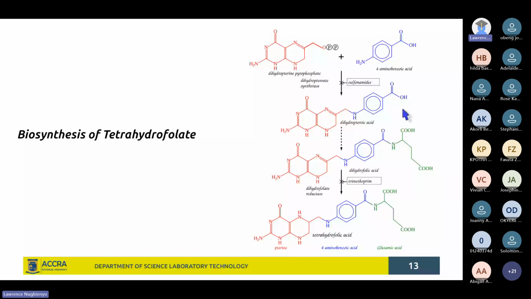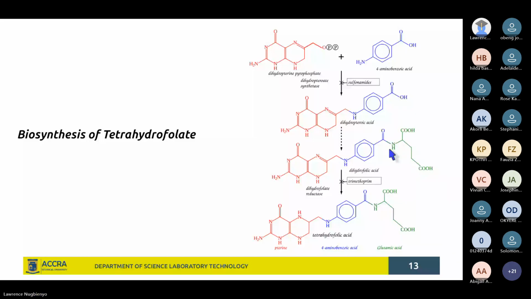I say peptide-like because the dihydropteroic acid is not an amino acid. If it was an amino acid binding to an amino acid, you can say it's a peptide bond. But because it is not an amino acid, but the bond is still between an amine group and a carboxyl acid group, we can say it's a peptide-like bond. It looks like a peptide bond, but it is not.